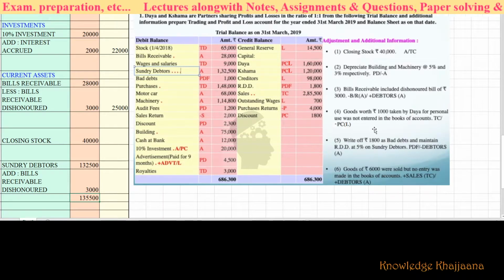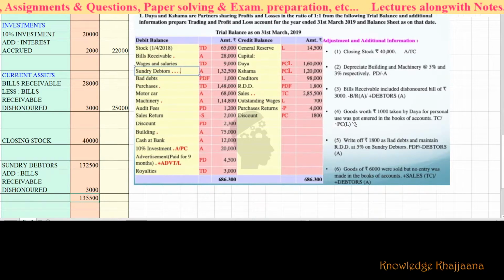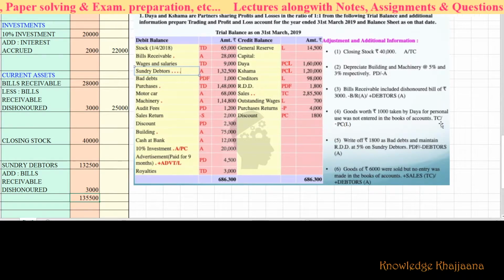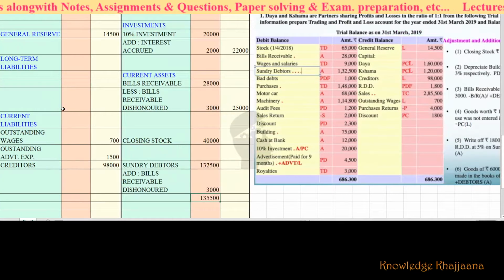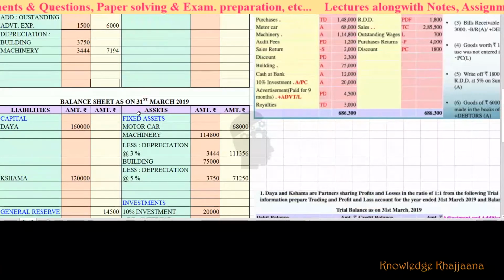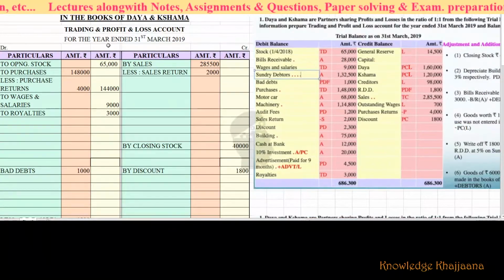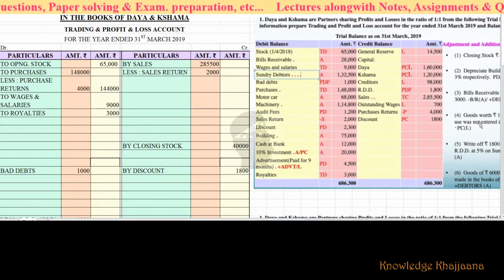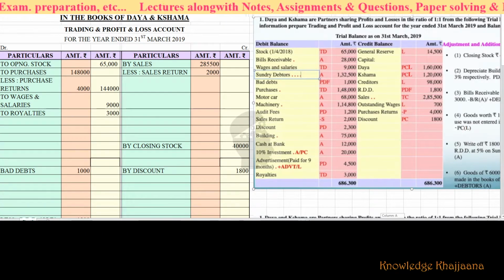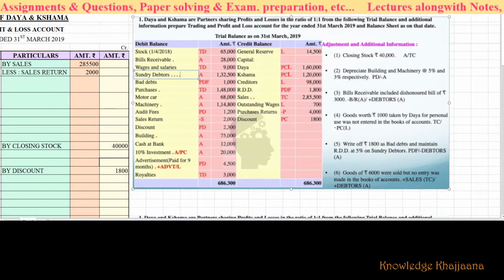Daya had taken them for personal use without entering in the books of accounts, but we have to repair the mistake made by Daya. So what we have to do here, trading account credit side, goods worth rupees 1,000.